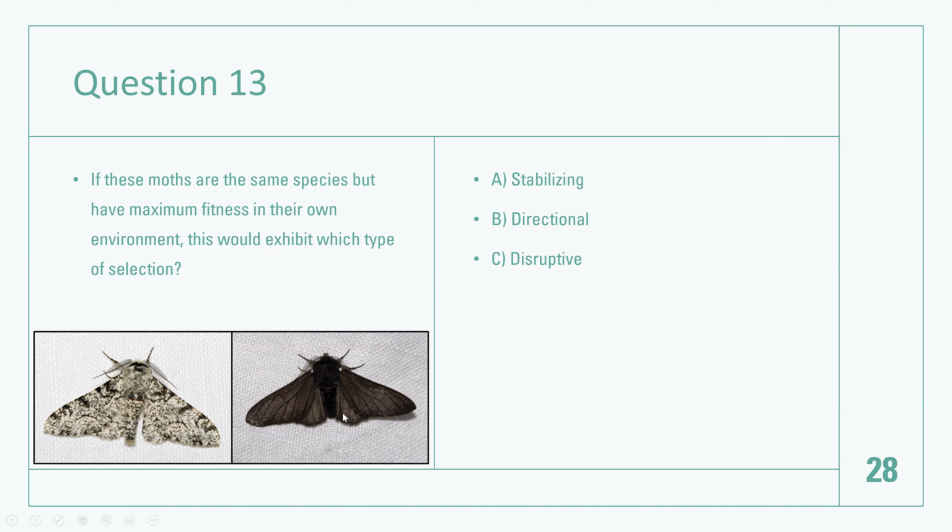So this is the thing I mentioned earlier where we would see an example of a specific type of selection.